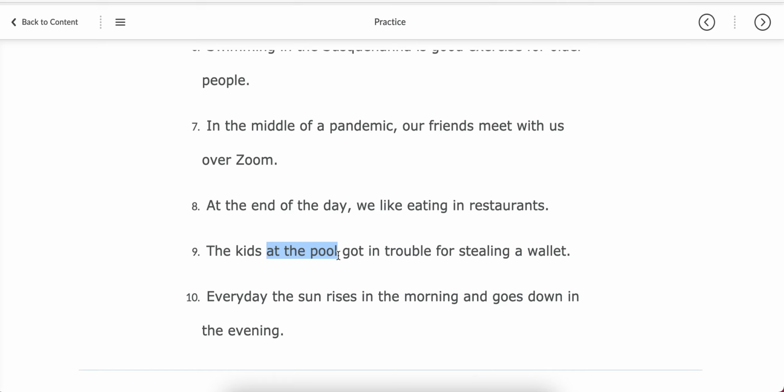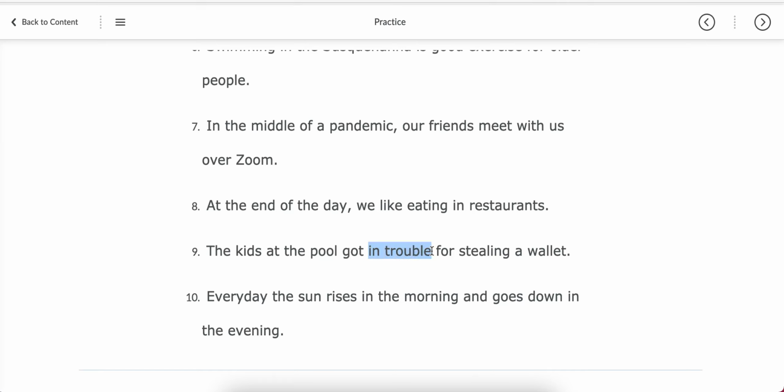At the pool is describing the kids. So the kids is a subject. What did the kids do? They got. Okay? Got is the simple predicate. It's the verb. The kids got. It's a weird sentence, but it's a complete sentence. So the kids were at the pool, describing the kids. They got, what did they get?